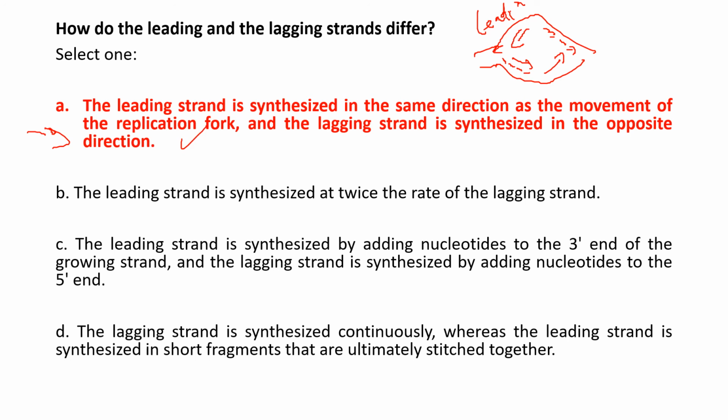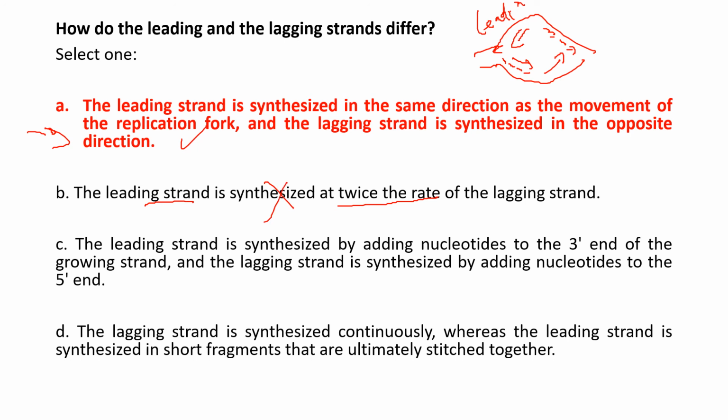While B says the leading strand is synthesized at twice the rate of the lagging strand. Although we know that the leading strand is synthesized faster than the lagging strand, we don't know what the rate is. So this is not true.